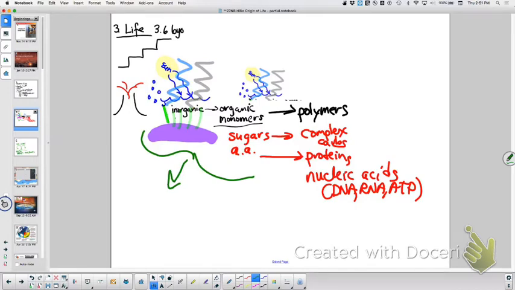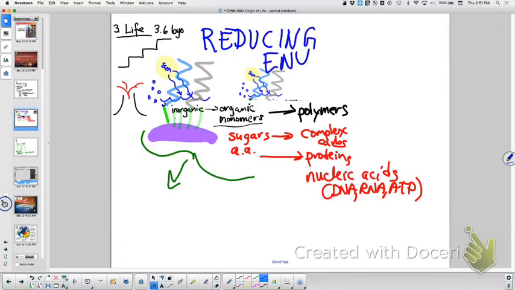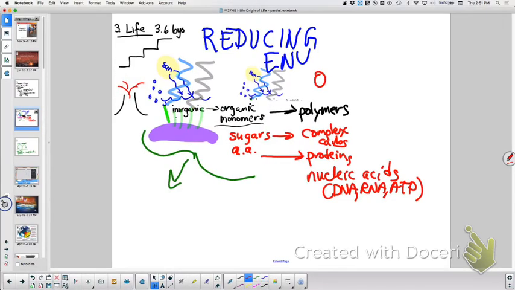And all of this can take place because what kind of environment is it? Yes, a reducing environment. There was no free oxygen. That's why it could happen. That's conducive to building.